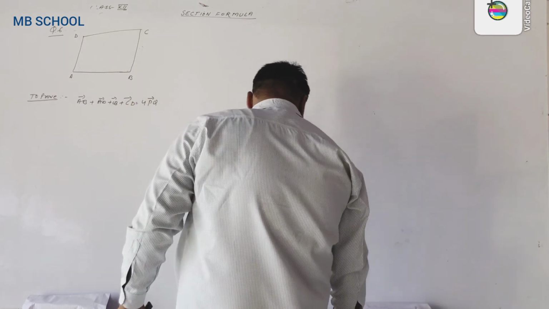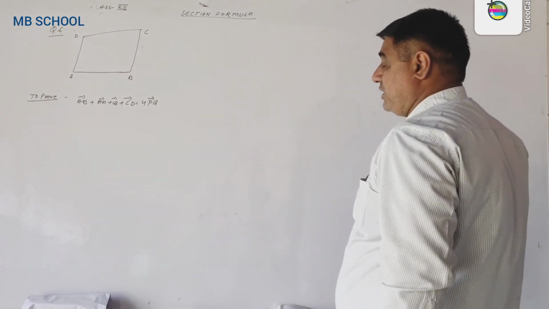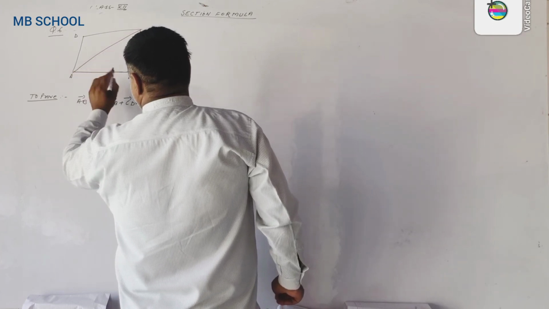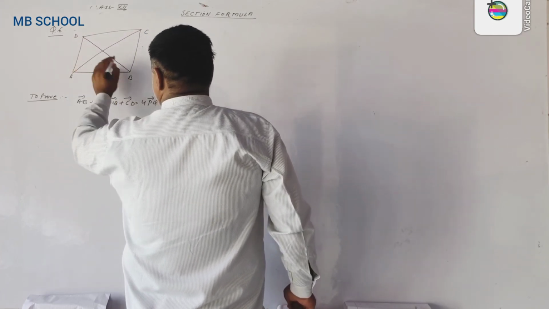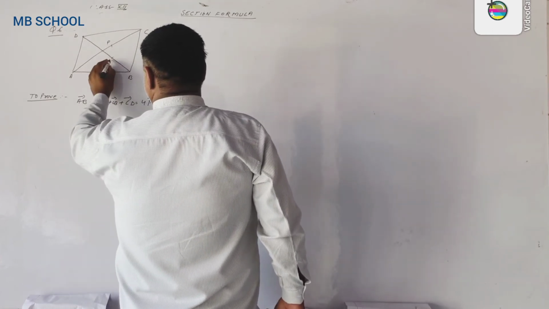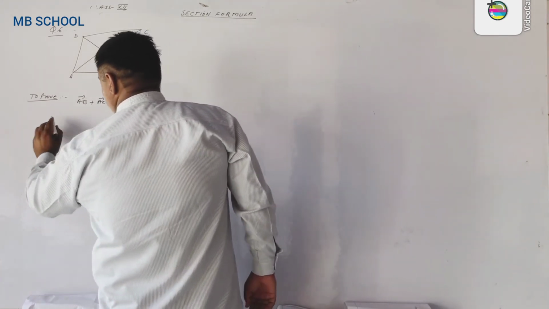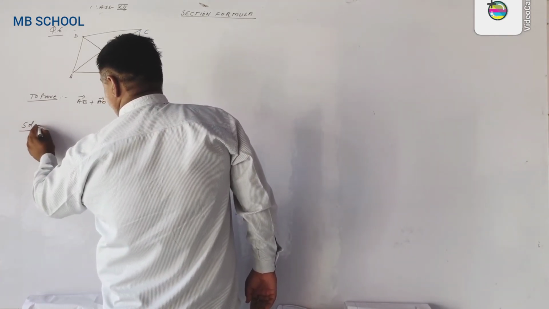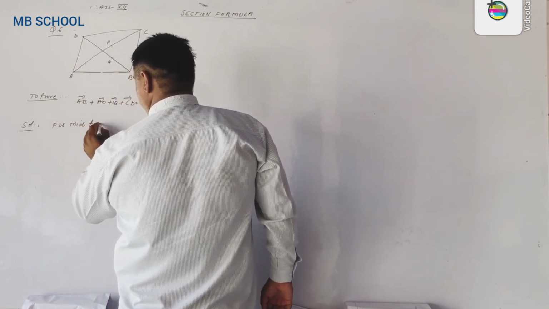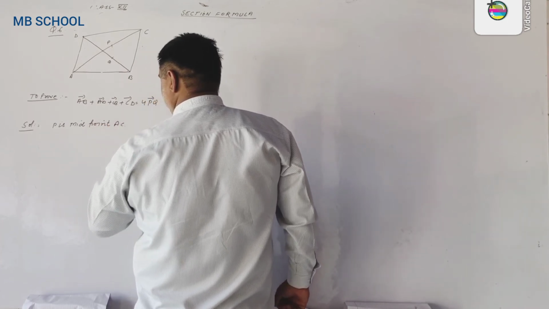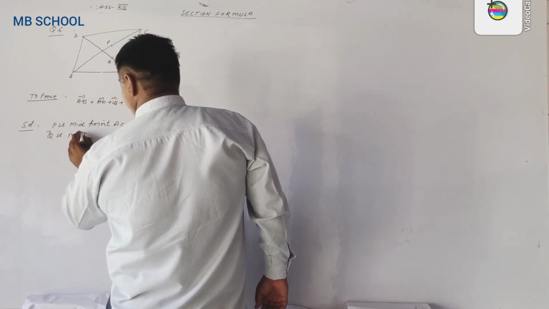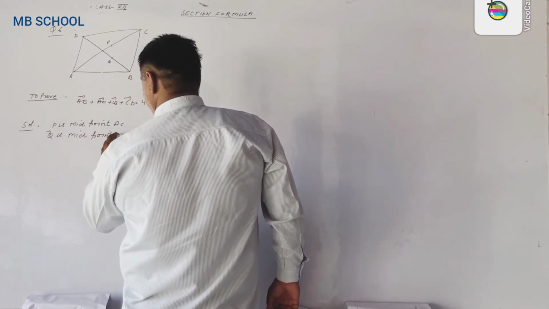So in this, first, we are given a quadrilateral. Now join diagonals A to C and B to D. Here suppose AC midpoint is P and BD midpoint is Q. It is given that P is the midpoint of AC, and Q is the midpoint of BD.